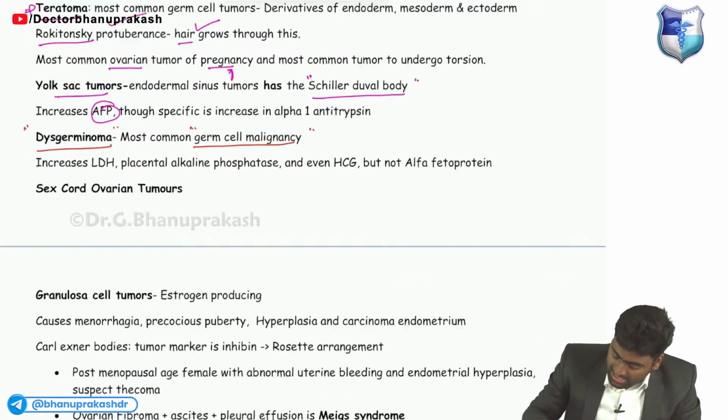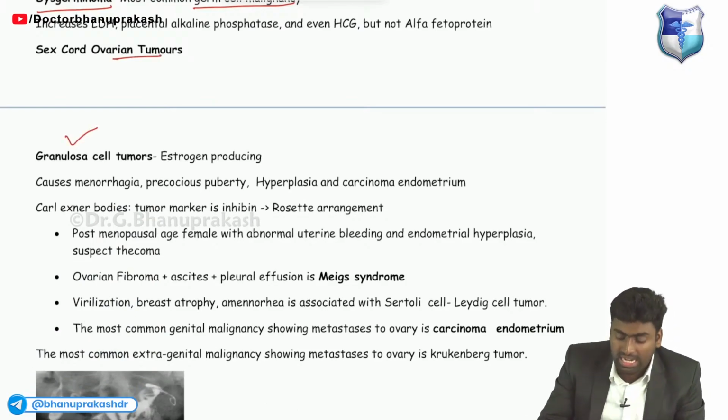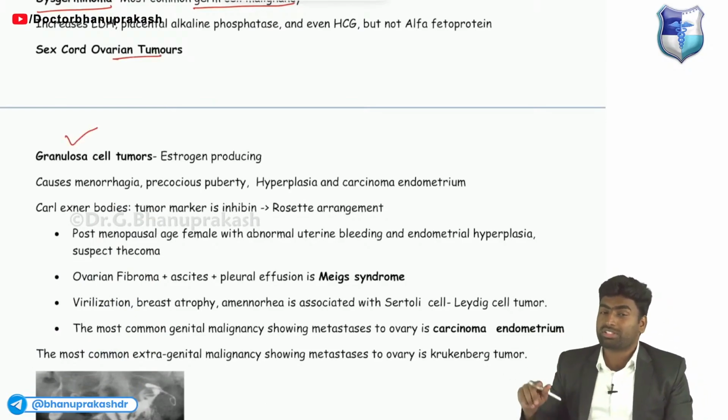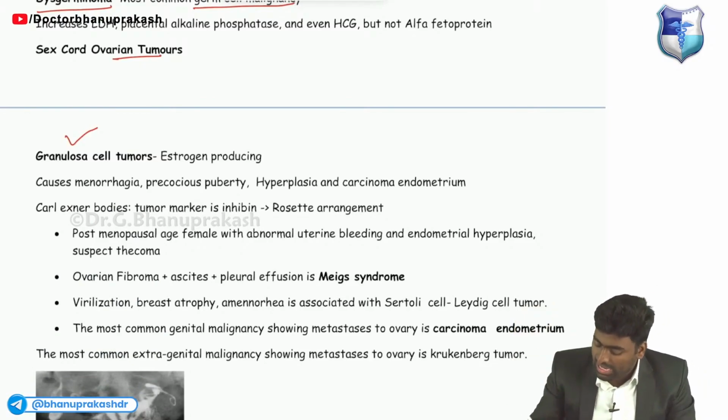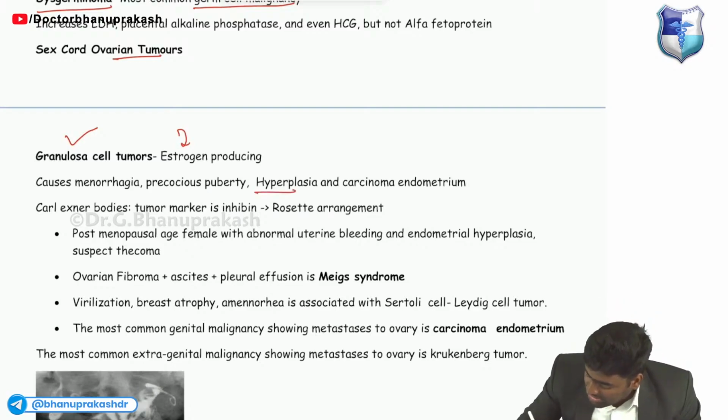Fine. And about the sex cord ovarian tumor, you need to remember the granulosa cell tumor. In granulosa cell tumor, you will be able to see coffee bean nuclei, and it is also estrogen producing, and it leads to hyperplasia and carcinoma of the endometrium.